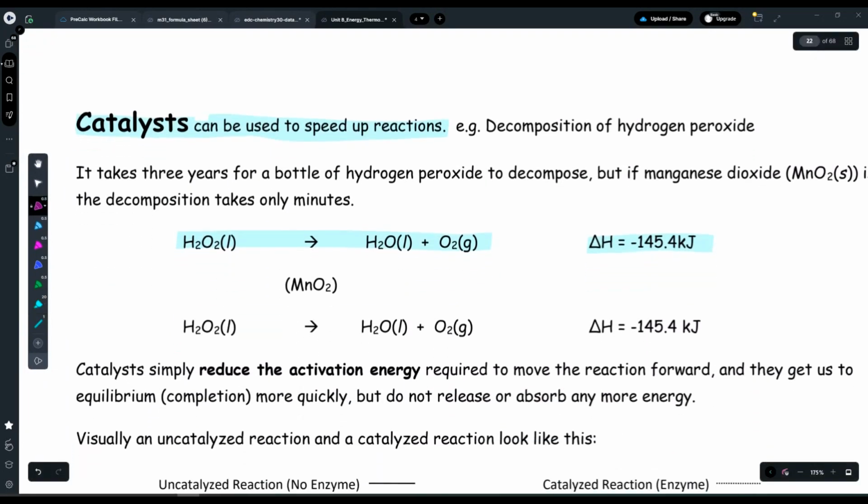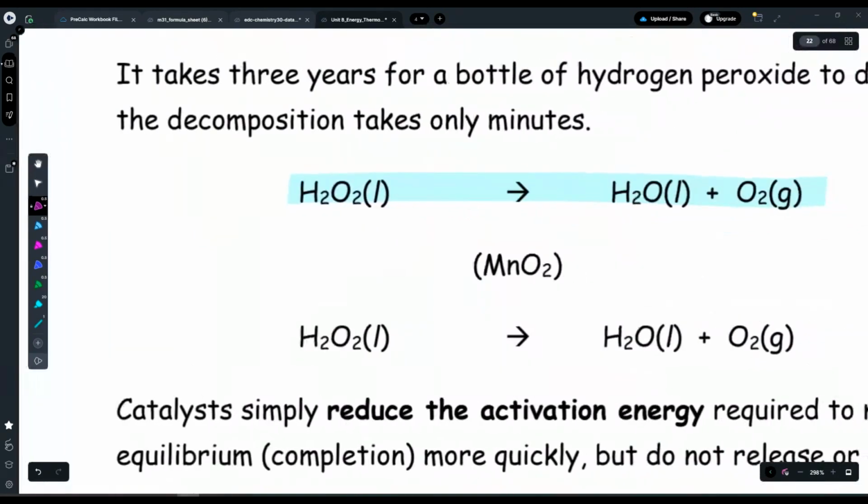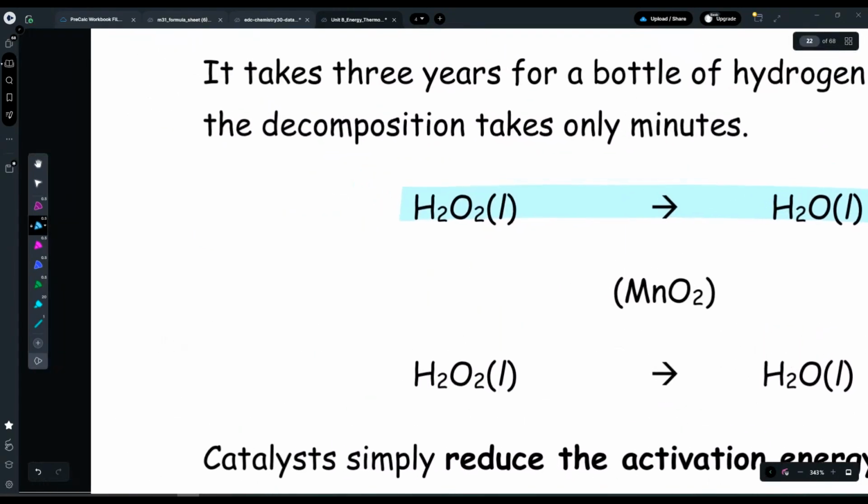But in this second version of the same reaction, we now have a catalyst. Typically, when you have a catalyst, you always write it over top of the reaction arrow. So let's just write that as a note.